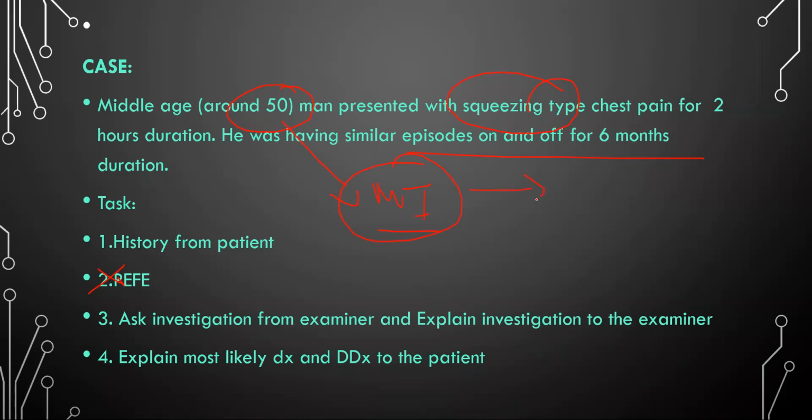So you should also think of it as MI in the exam. You just say that you would like to take this patient to the resuscitation cubicle, attach the ECG monitor, and at least do an ECG test. You don't need to start the patient on aspirin or anything if you are not sure, but at least take the patient to the resuscitation cubicle, because this patient sounds serious.